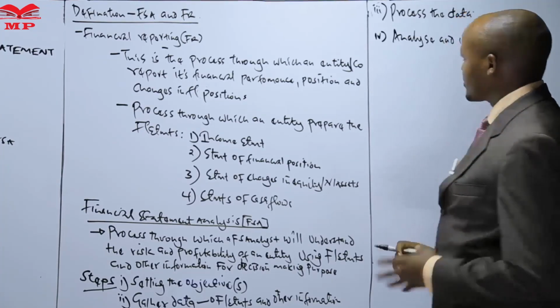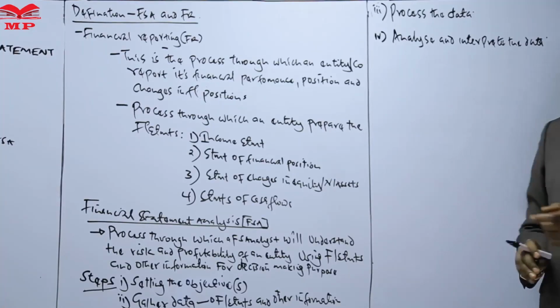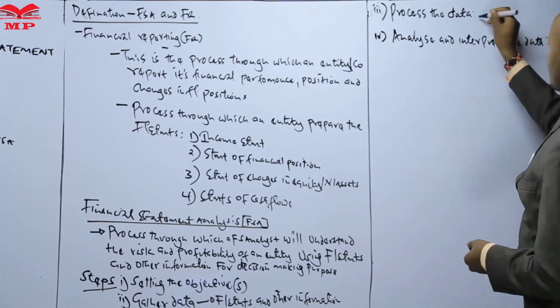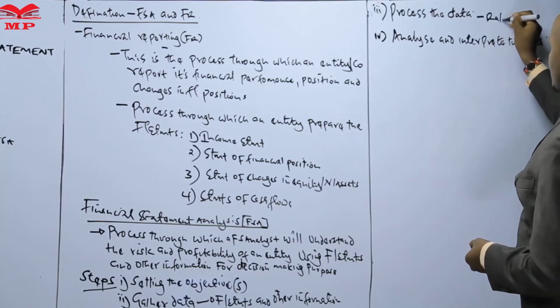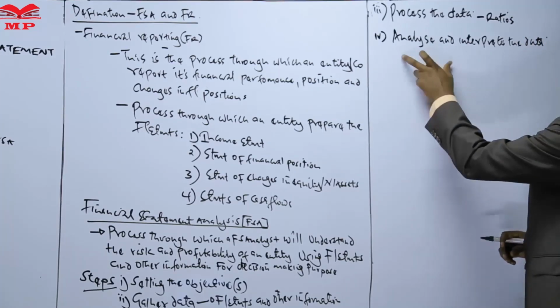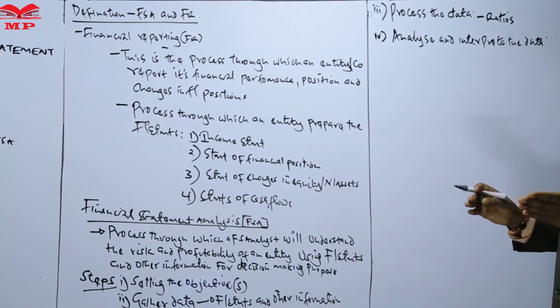So it means that once the financial statement analyst has processed that data, let's assume he has processed it in terms of computing various ratios. In this particular step, that is the analysis, he will be required to analyze that information.